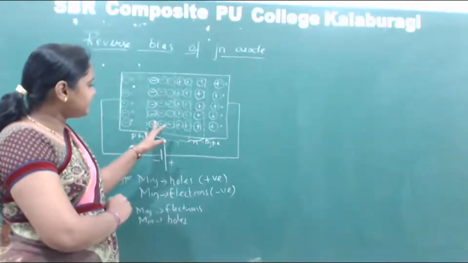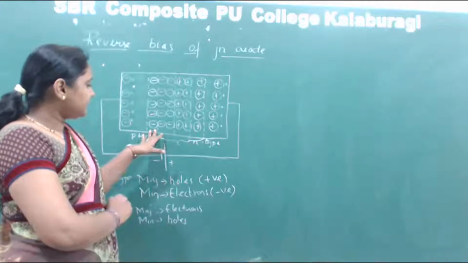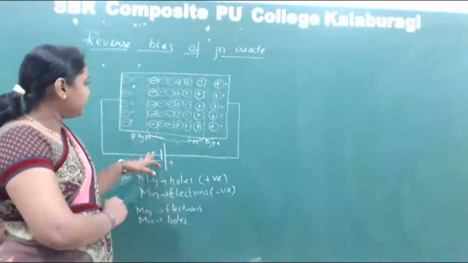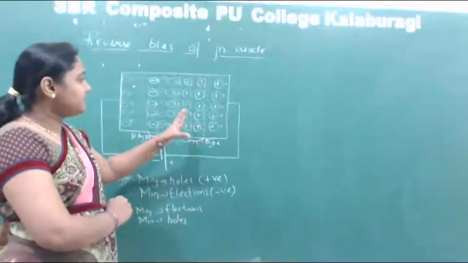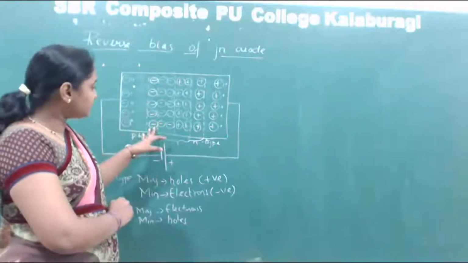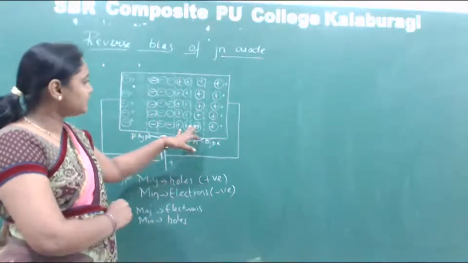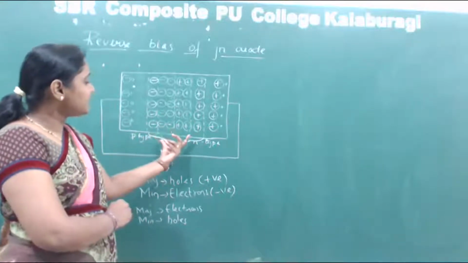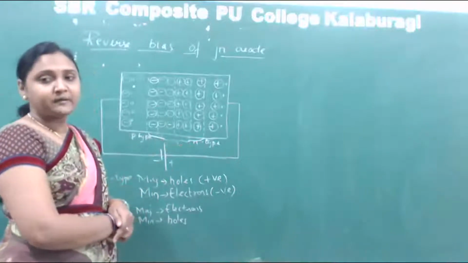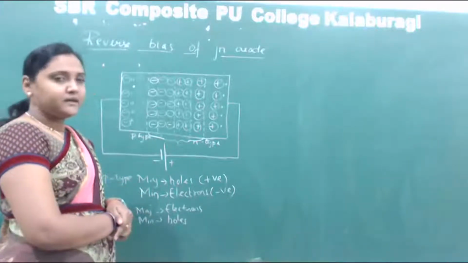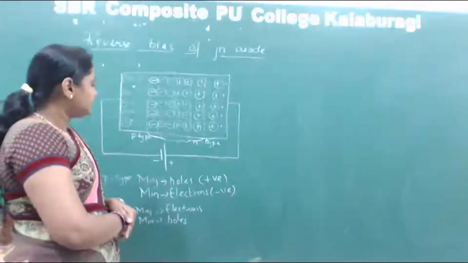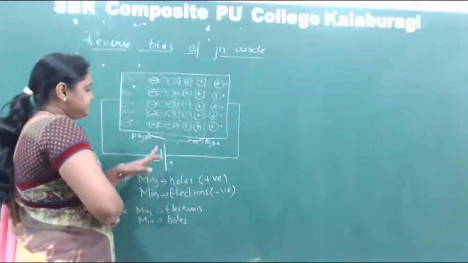The holes have left their acceptor ion here and donor ion here, and they have moved towards the battery, and those now have become immobile ions. These ions, after losing their hole and their electron, have become immobile ions and are contributing towards the depletion region. Now the depletion region has become wider. The width has increased. Clear? Right.